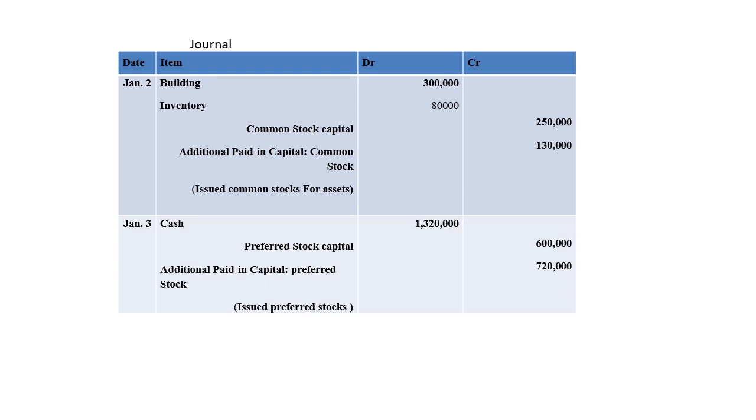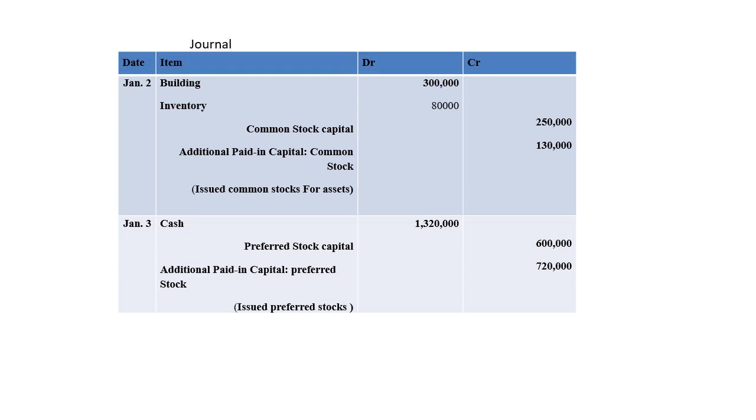For January 2, the transaction said that 10,000 shares of common stocks were issued in exchange for a building valued at 300,000 and inventory valued at 80,000. So the common stocks were issued in exchange for building and inventory. Both building and inventory are assets.